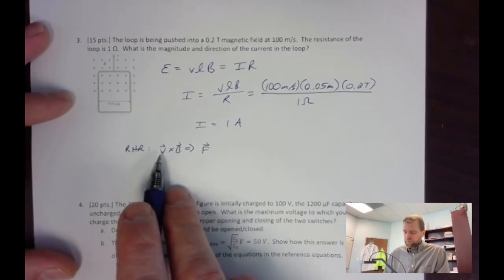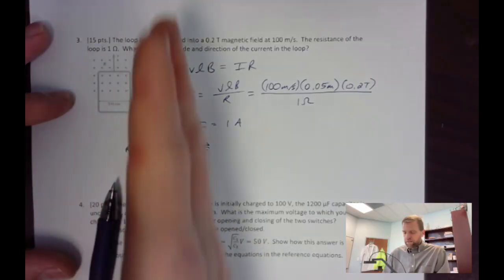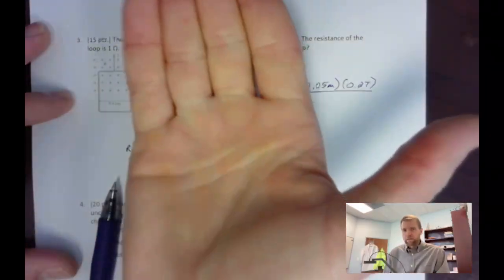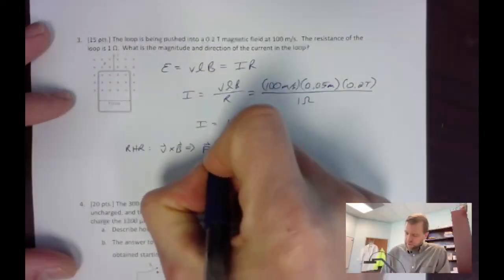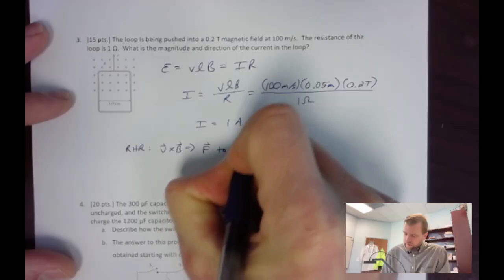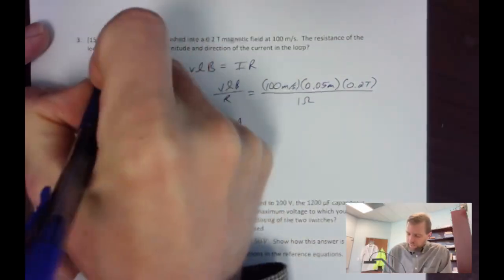The velocity is up and the B field is up, so the force is to the right in this top segment.